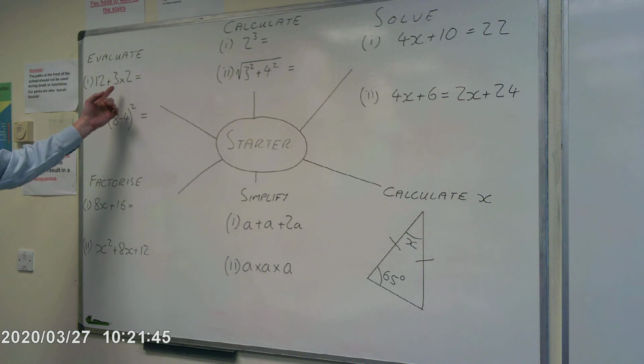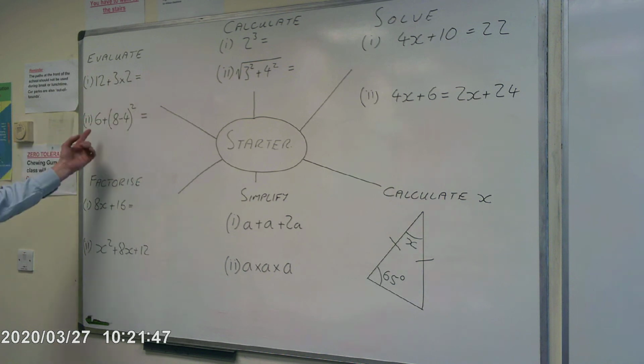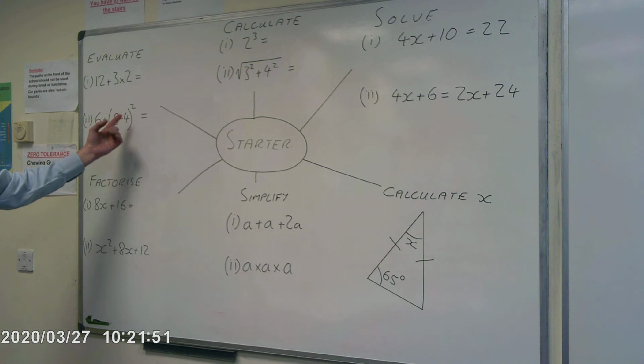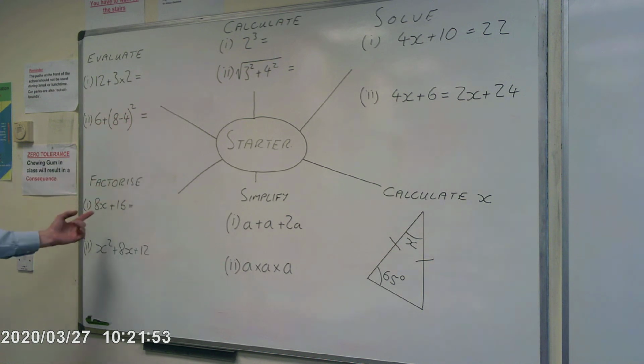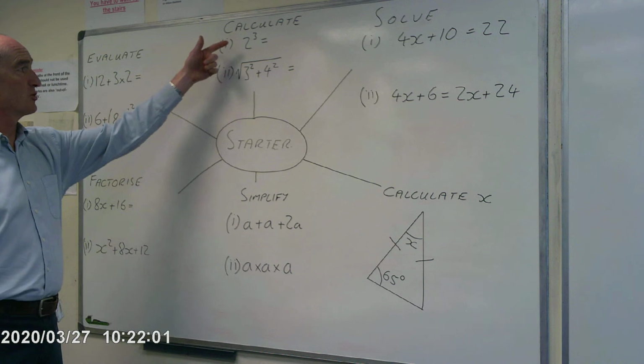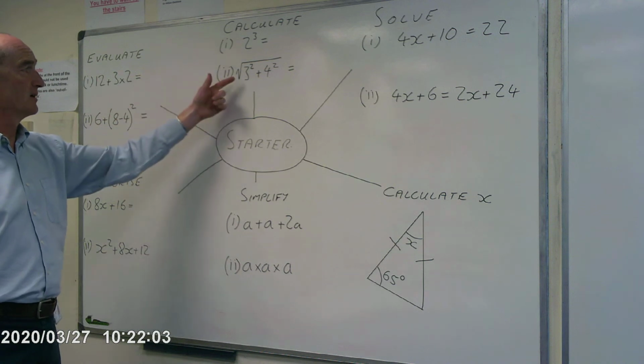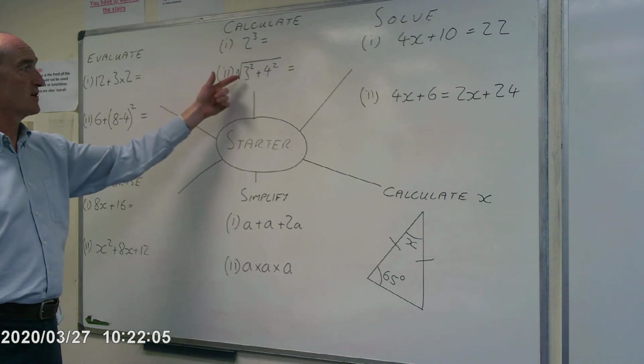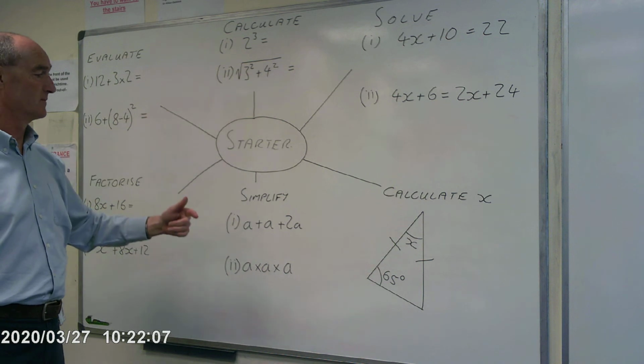12 plus 3 times 2 equals. 6 plus bracket 8 minus 4 squared equals. Factorise 8x plus 16. Factorise x squared plus 8x plus 12. Calculate 2 cubed. Calculate the square root of 3 squared plus 4 squared.